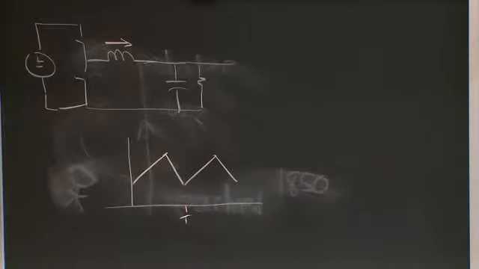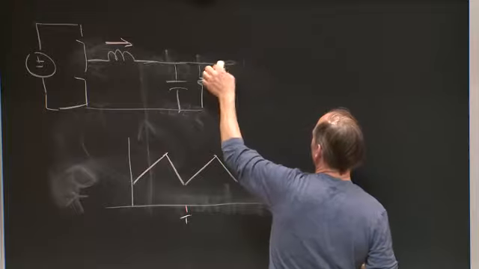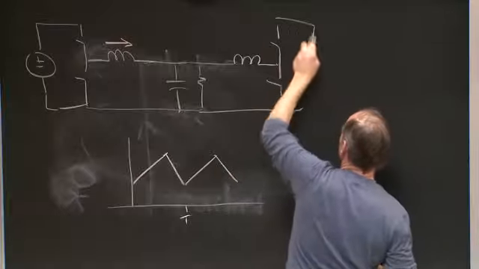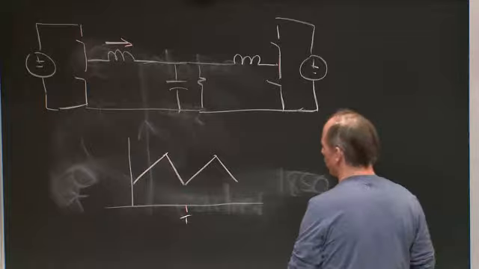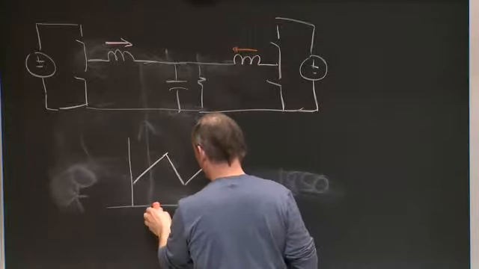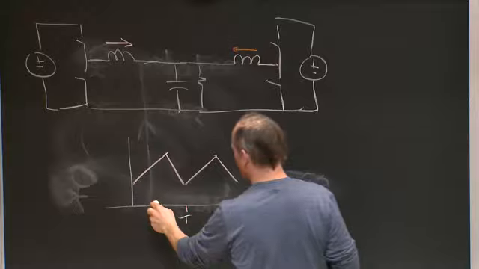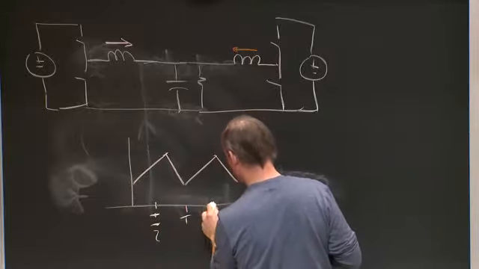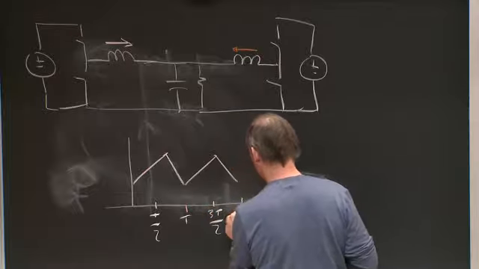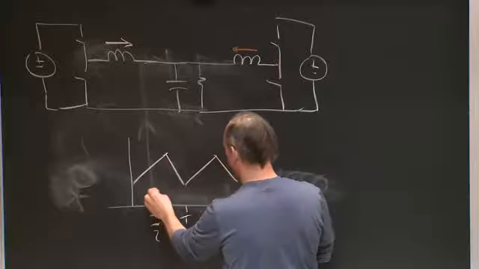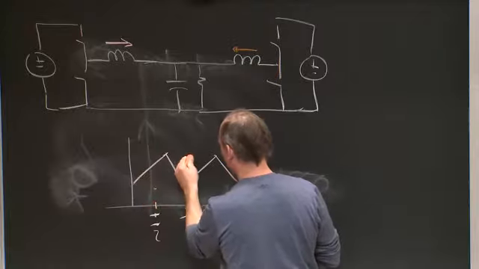Maybe if I came in with a second unit, and I build another parallel one here, and I switch it with some phase shift, and it'll have an output current. Here's T over 2, and here's, gotta be careful, here's 3T over 2. Here's 2T, right? Maybe I will shift this one so that it starts half a cycle later, like this.